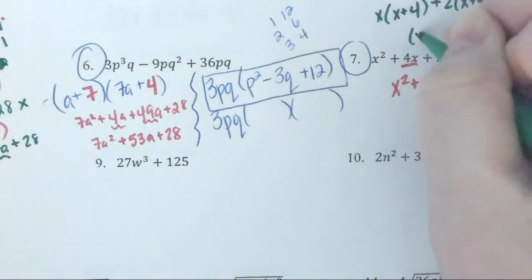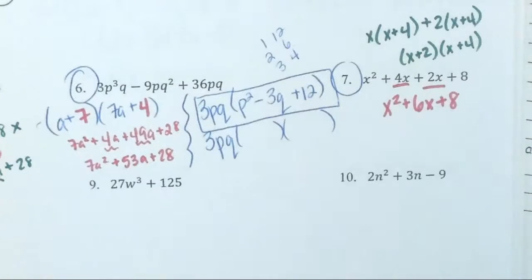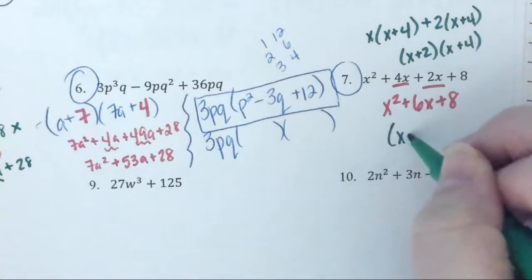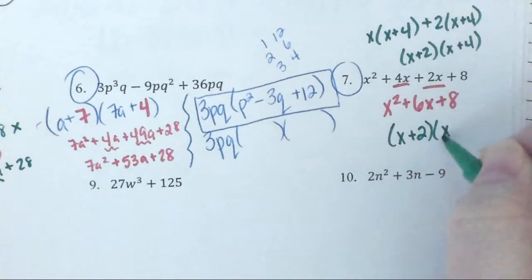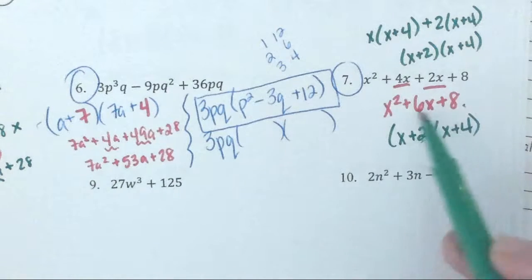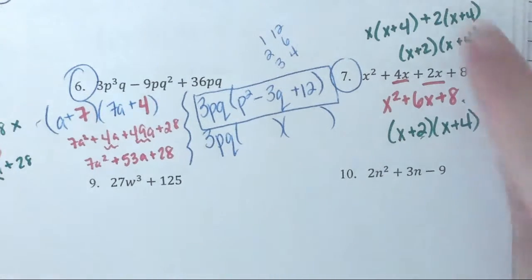So you ended up with x plus 2, x plus 4. Nothing's wrong with that. Kenzie and I are taking the easy man's route, though, and we still ended up with the same answer. 2 things that multiply to 8, add to 6. We're still getting the same answer as you. So you're not wrong. Our way is just a little easier, especially if you don't understand grouping.